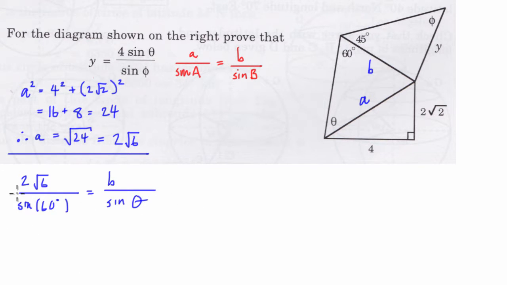Alright, now this is where our knowledge of exact values comes in. So we'll go back up here, and we know that the sine of 60 degrees is equal to square root 3 over 2.